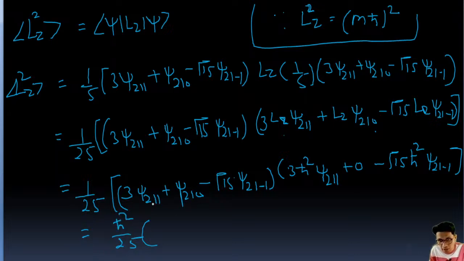So this is going to be 3 3s are 9, psi 21 into psi 21, so that value is 1. Similarly, this value is 0, and here it is going to be minus minus plus 15, and psi 21 into psi 21 is 1, and h cut square is already taken common. So this is going to be 15 plus 9, right? This is 24 h cut square upon 25.